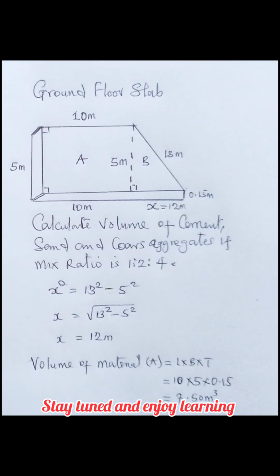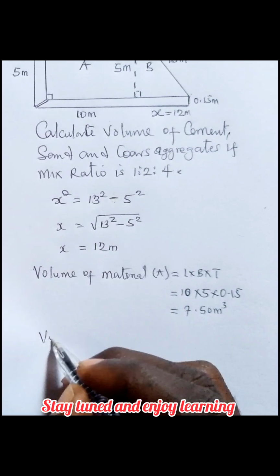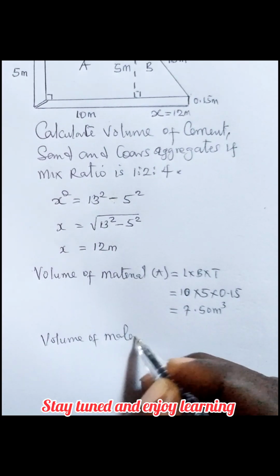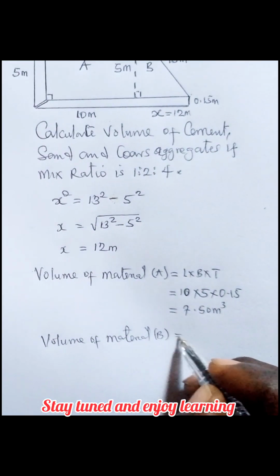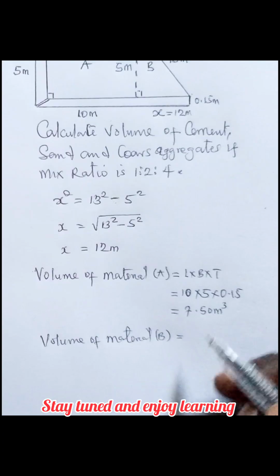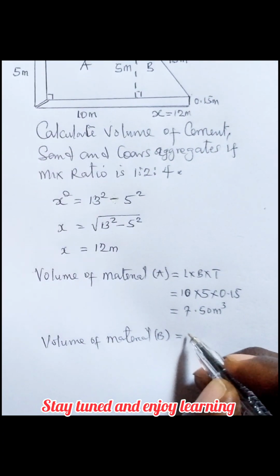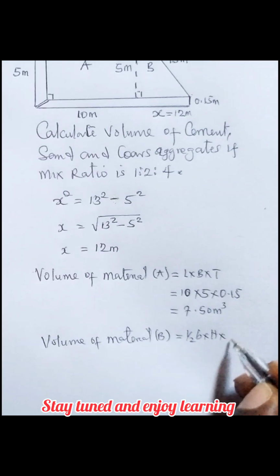Then let's check the volume of material for this other side, B. We can say this is a right angle triangle, so the area is half base times height, times what?